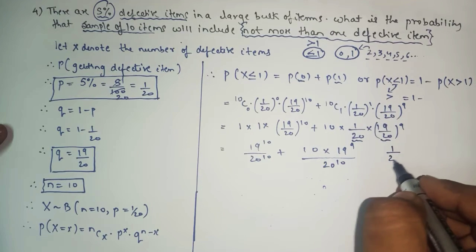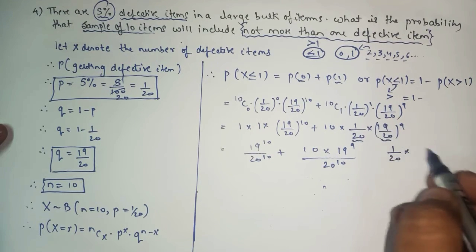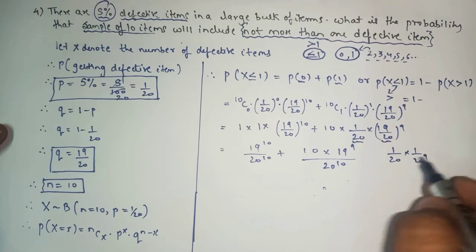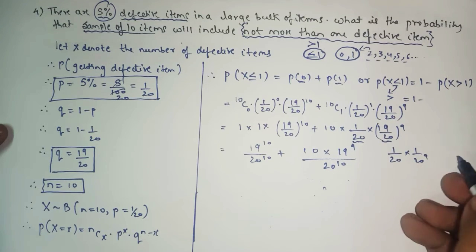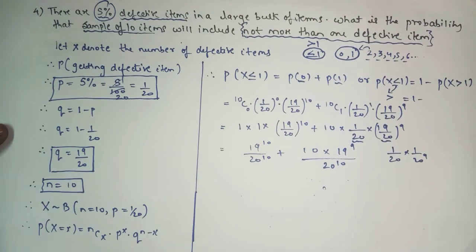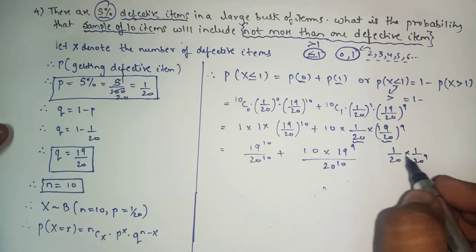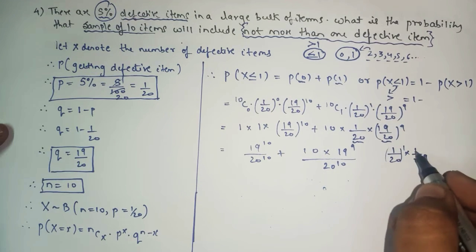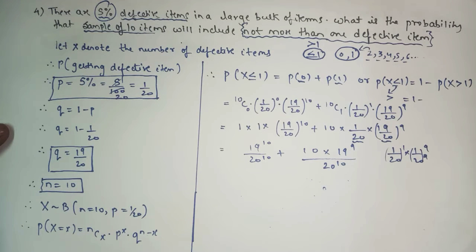Because it is 1 upon 20 into 1 upon 20 raised to 9. So 1 upon 20 and 1 upon 20 raised to 9 will be the same, 20 raised to 10. Because here the power is 1, here the power is 9, so 1 plus 9 will be 10. Understood?